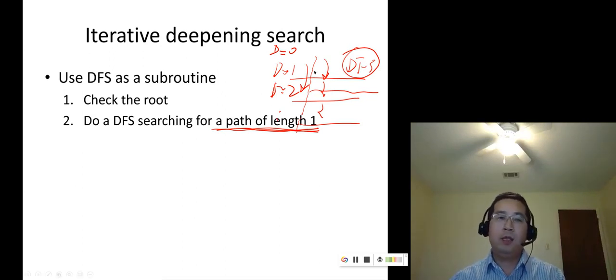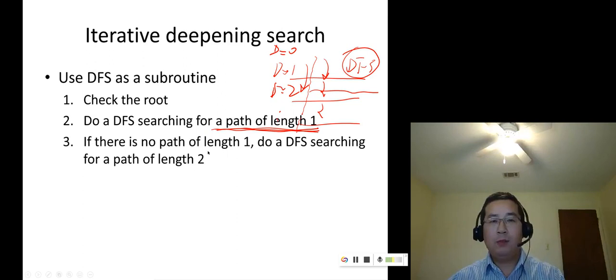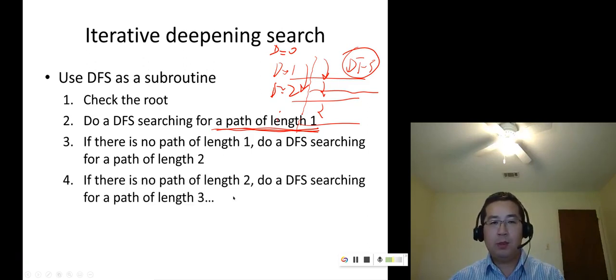Each time we just expand the nodes in the next layer. Then if there's no path of length 1, do a DFS searching for a path of length 2, and so on and so forth. Only after we cannot find the goal in the current layer will we continue with the next layer.